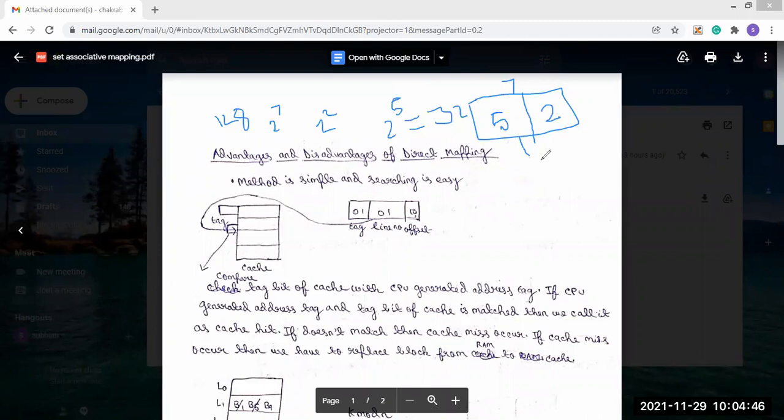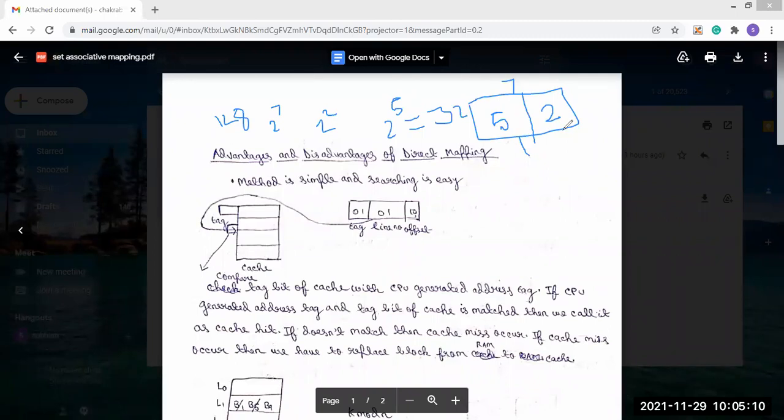Now, when this block is moved into the cache, the block number will be divided into 2 parts. The block offset will be the same, because the size of the line equals the block size.